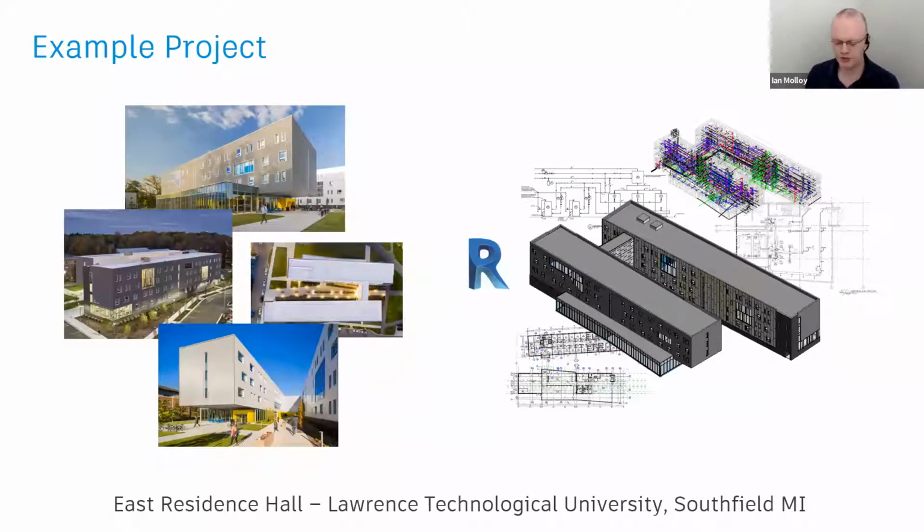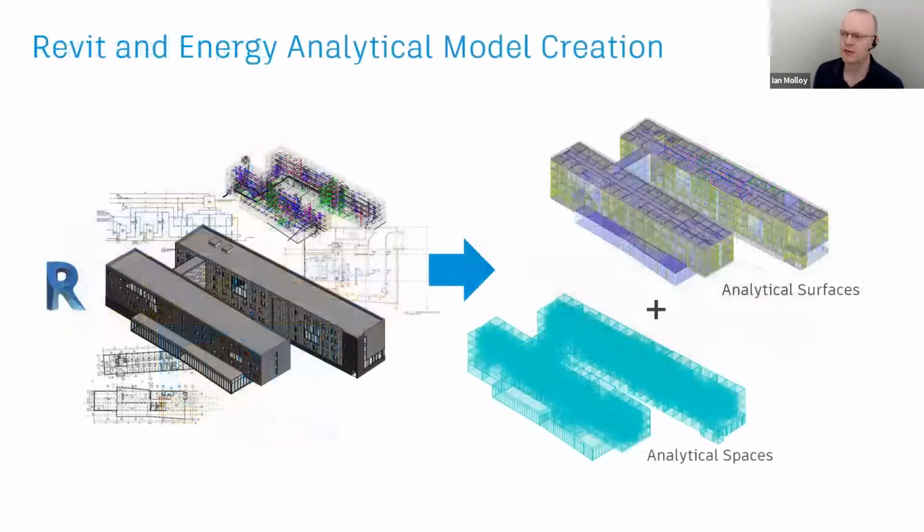Now, the first major piece that everybody stumbles on, the one big stumbling block for many, many years for a lot of people, is the gap between a Revit model, which is typically designed for documentation, coordination, detailing, things like that, and not specifically designed for analysis, and using the data in that model to automatically, or partially automatically, create what we'll call an analytical model.